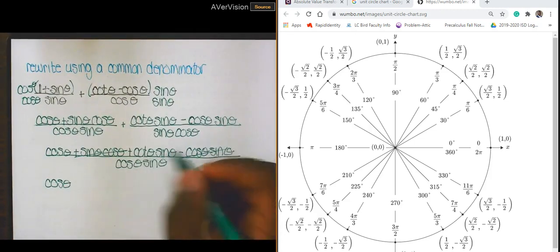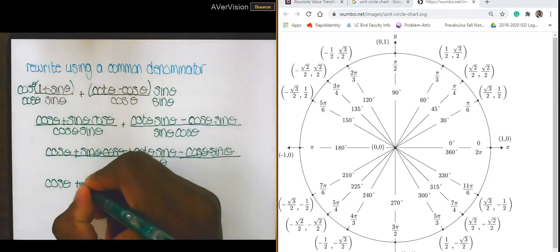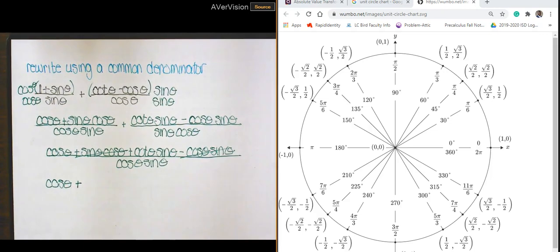All right, what is cotangent in terms of sine and cosine?